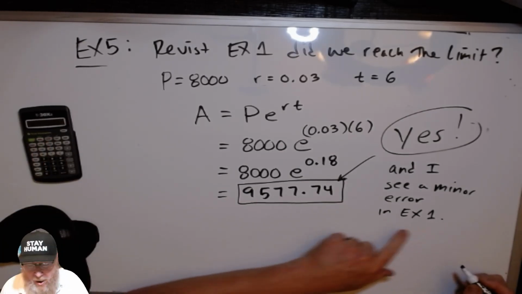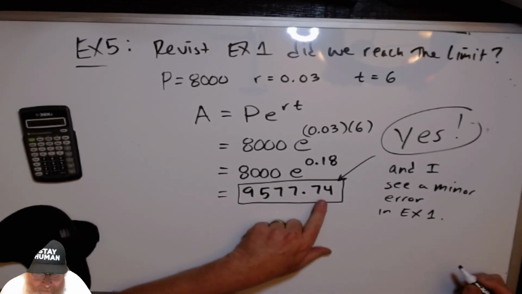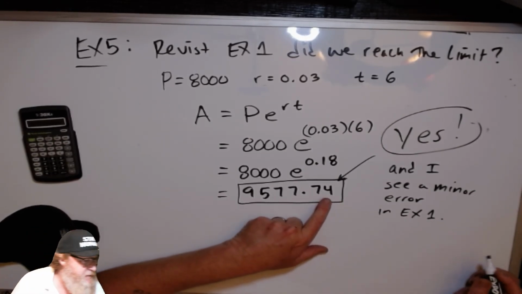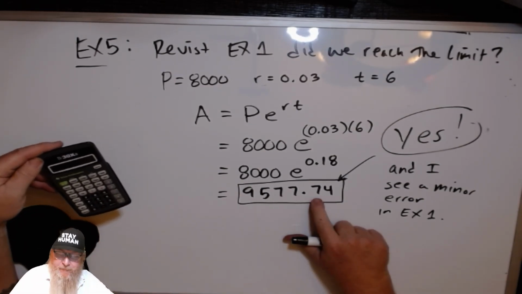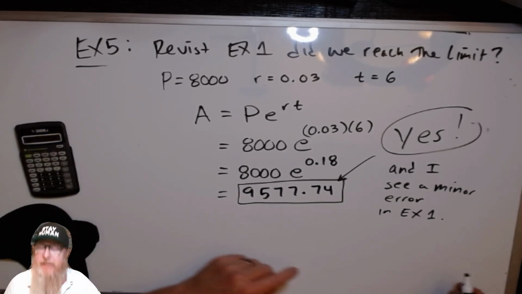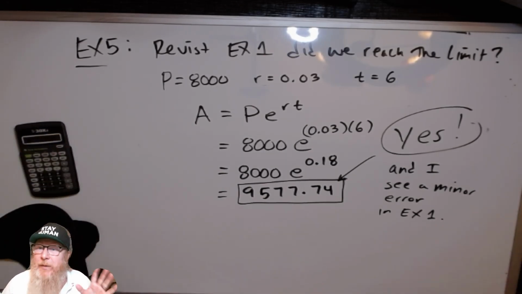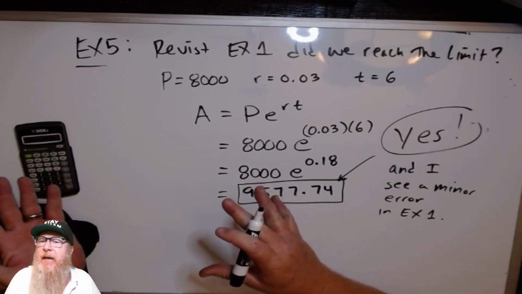It cannot get to 75 cents because this tells us that the limit is 74 cents. And I'm double checking that. Yep, 738, and I'm rounding it up. So it's rounding to 74. So yes, we did reach the limit, and it gives me the opportunity to go back and correct example 1.